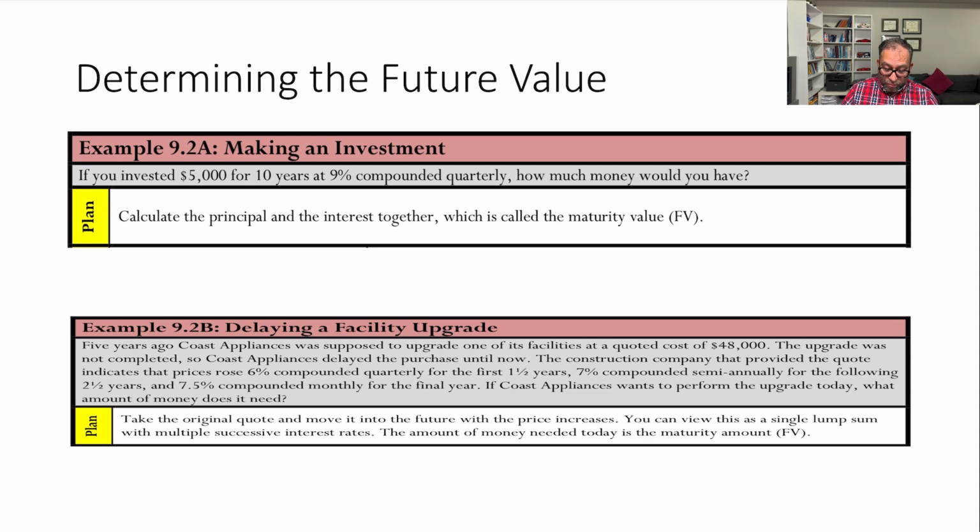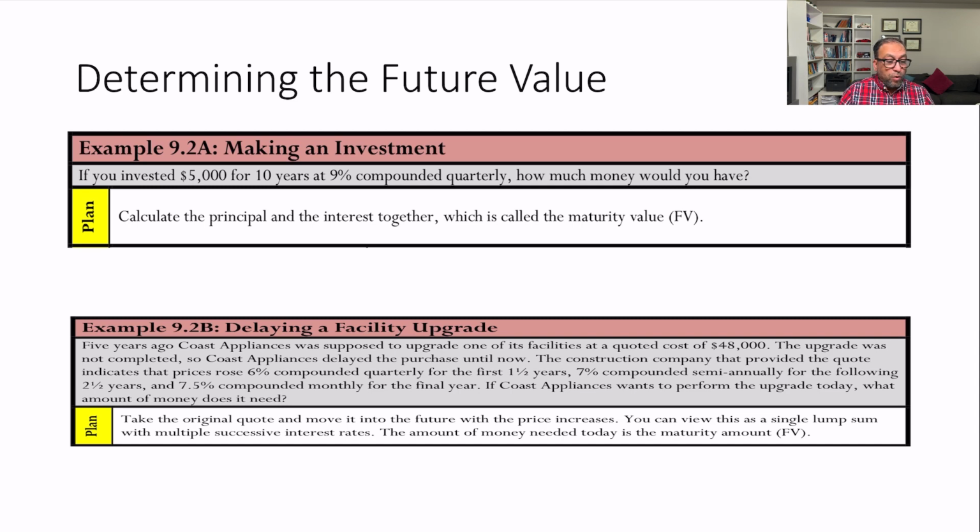5 years ago means 1.5 years, and then 2.5 years, so it becomes 4, and the last 1 year is at 7.5%. This is a little bit long question, but it is simple. We have to calculate three different future values, and then we move forward.